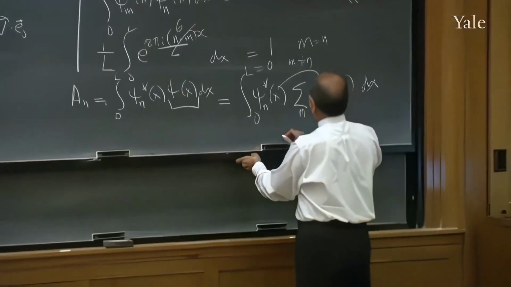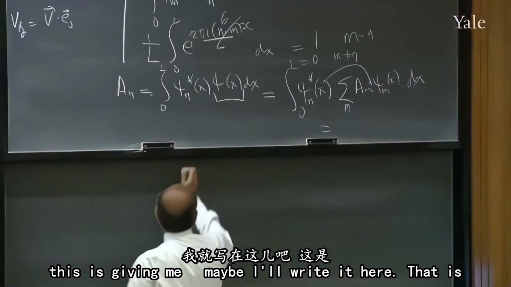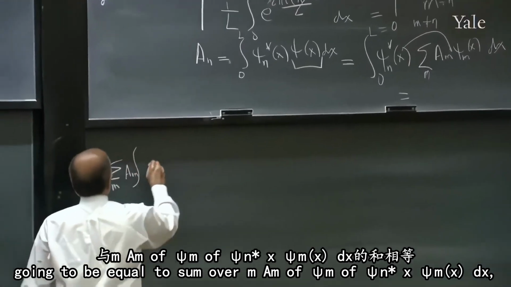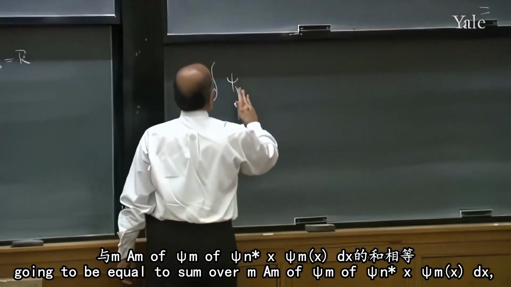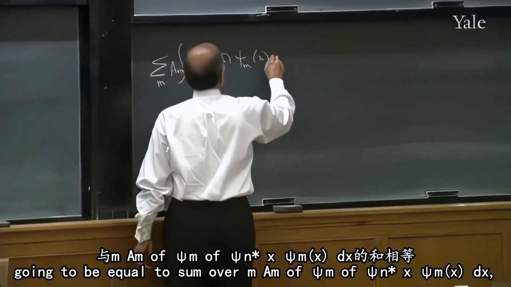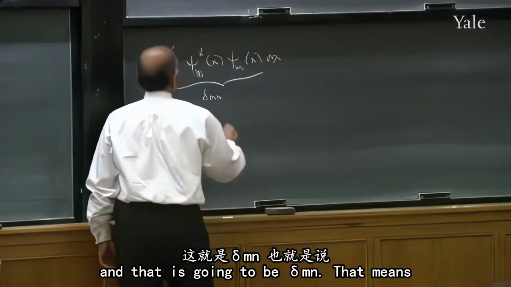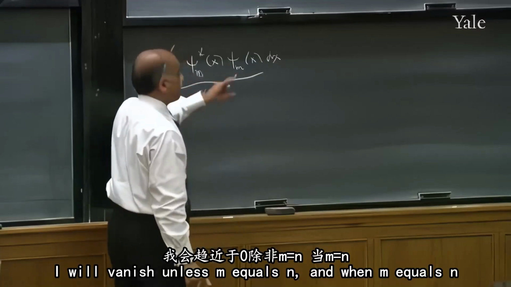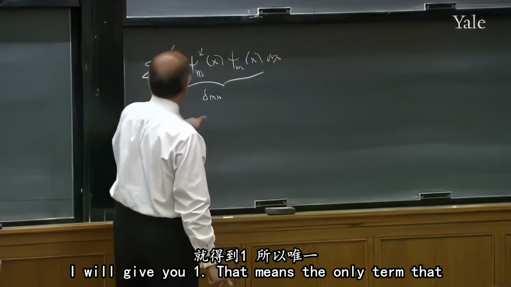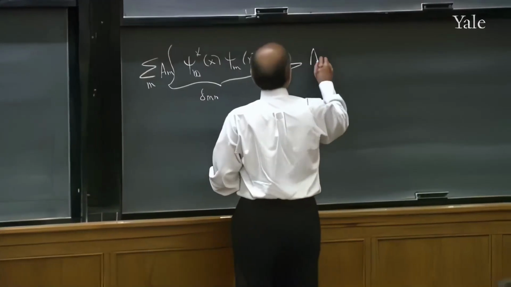Then you will find that this is equal to the sum over m of am times the integral of psi n star x psi m of x dx, and that is going to be delta mn. That means it will vanish unless m equals n, and when m equals n, it will give you 1. That means the only term that survives from all these terms is the one where m matches n. So the thing that comes out is an.